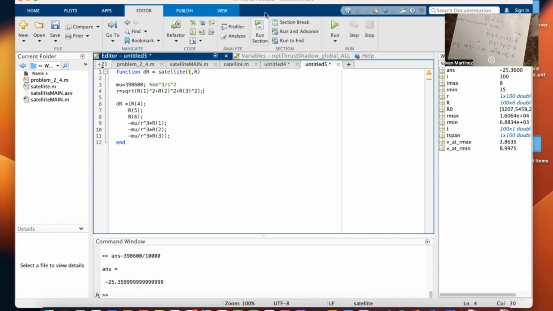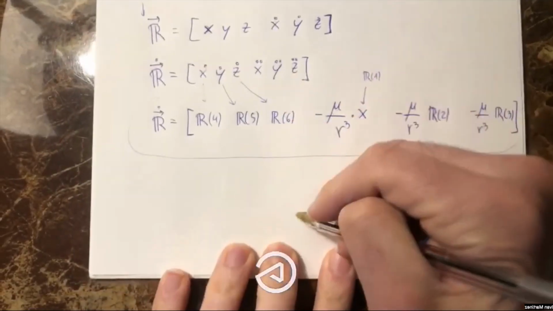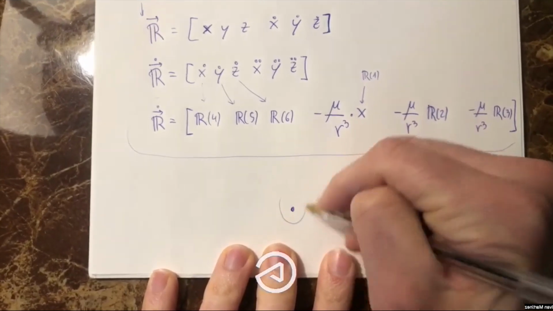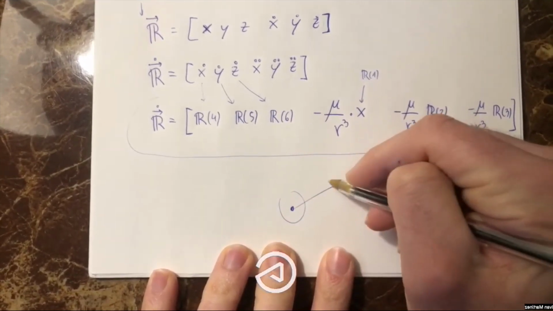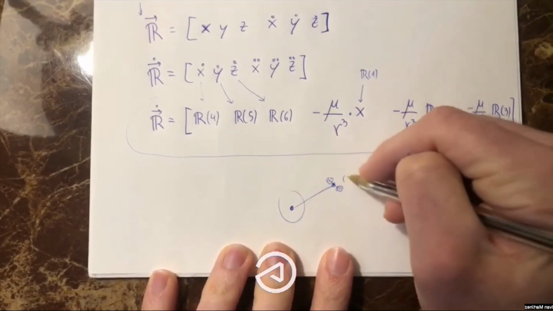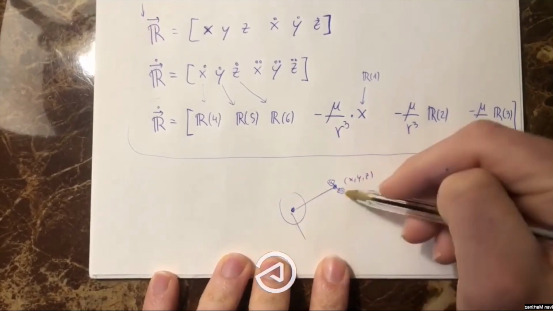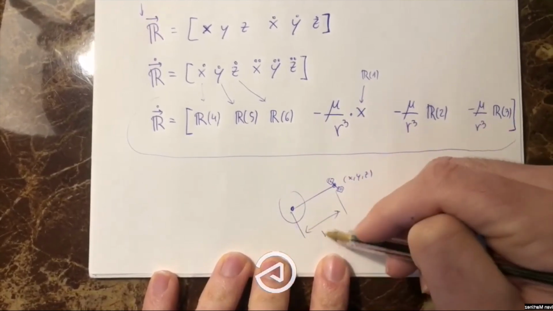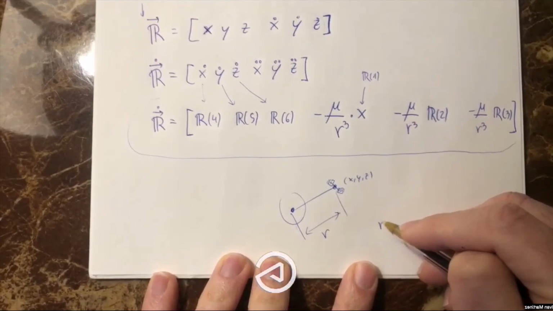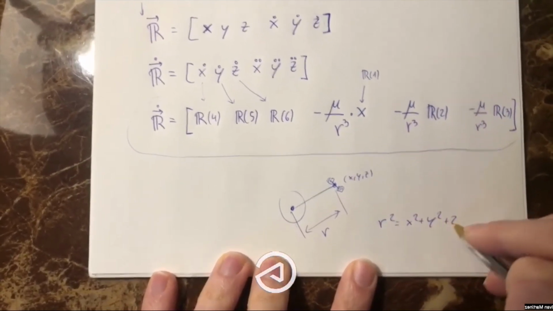What am I doing here? Let me pause for a second. If this is the center of the Earth, and I have the satellite here, if I have X, Y, and Z, this distance R is a radius. R squared equals X squared plus Y squared plus Z squared.